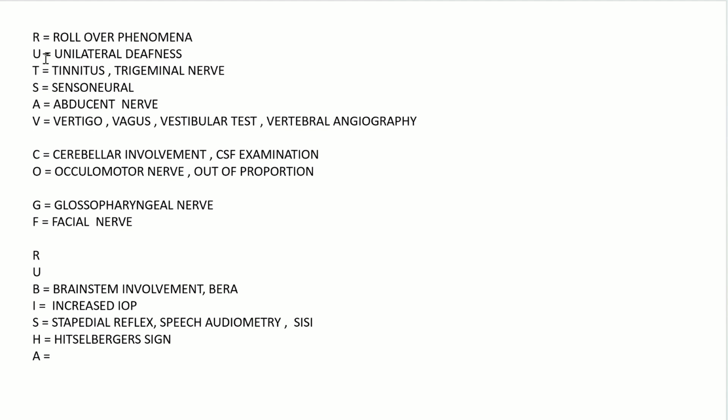It means there is a reduction in the discrimination score when loudness is increased beyond a particular limit. As you increase the intensity, you are able to hear a sound, but after a certain point you stop hearing it even after increasing the loudness. That is because of the rollover phenomenon.